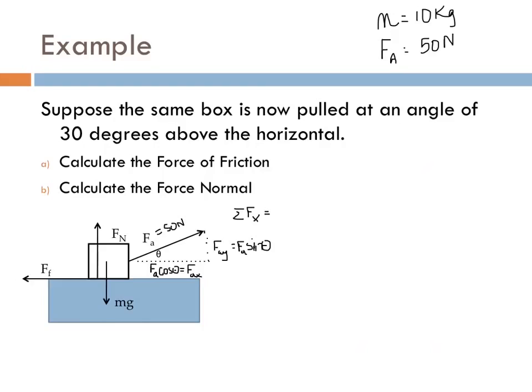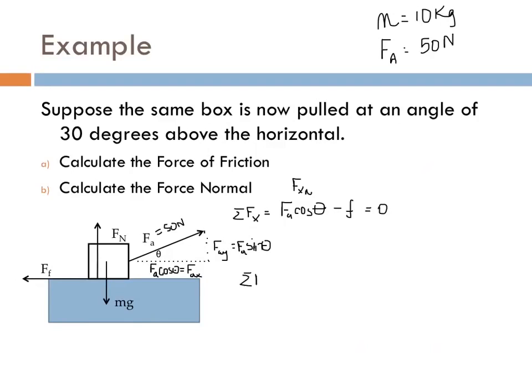So, again, to write the sum of the forces in the x direction, I want to do force applied cosine theta, minus friction. Again, this is equal to 0 because my sum of the forces in the x direction has to be equal to 0 in order for this object to be moving at a constant speed.